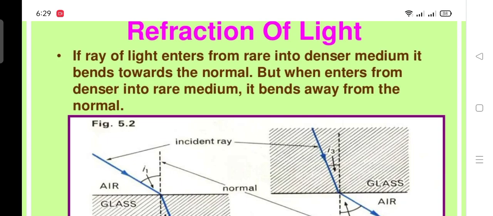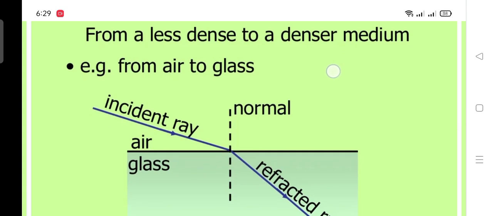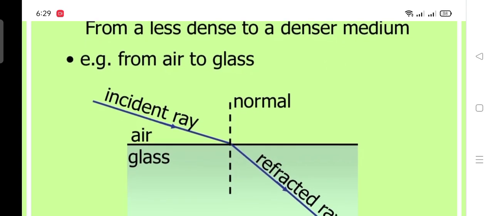So this is the condition of how light bends toward the normal or moves away from the normal. Here you can see how light moves from the rarer to the denser medium, and how light travels from the denser to the rarer medium.